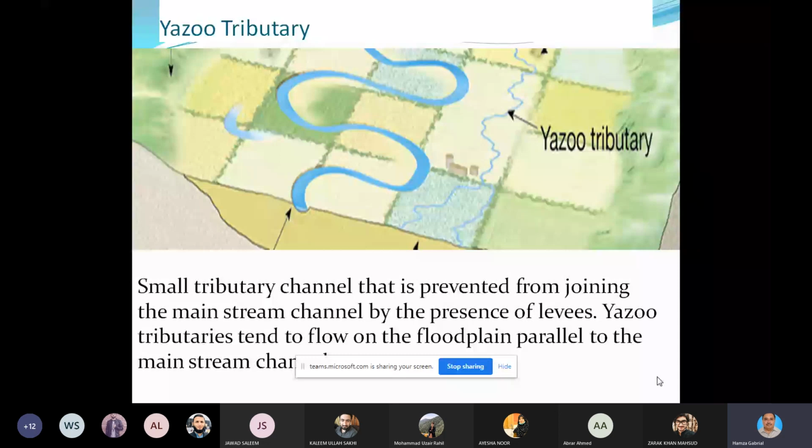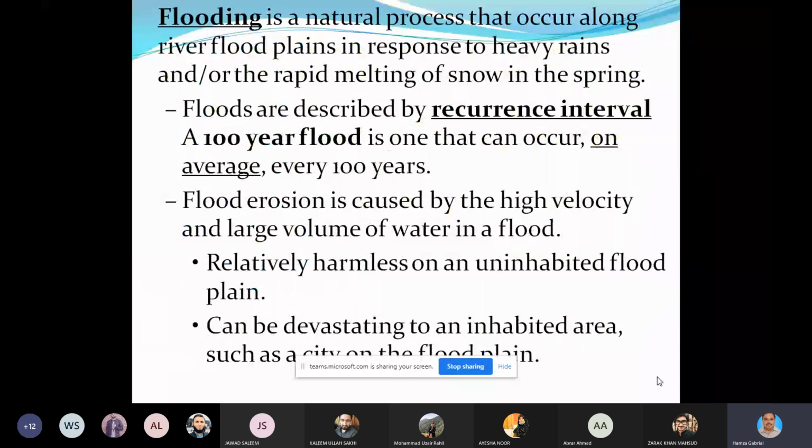So flooding is a natural process which occurs along river floodplains, and it can be a result of heavy rainfall or the melting of snow in the springtime when there is an increase in temperature. Floods are described by their recurrence interval or return period.